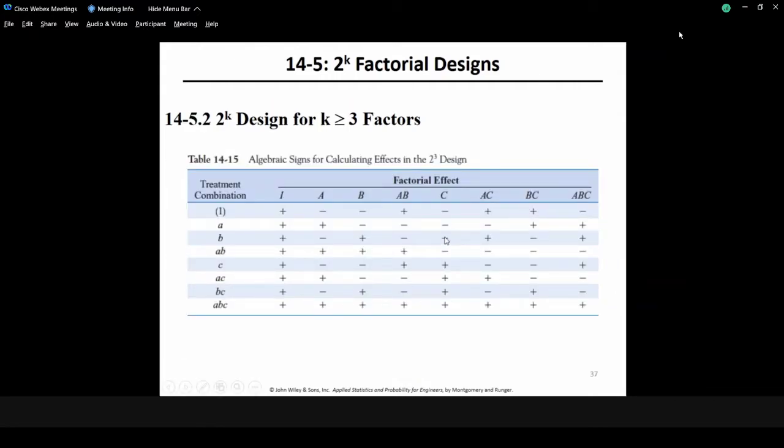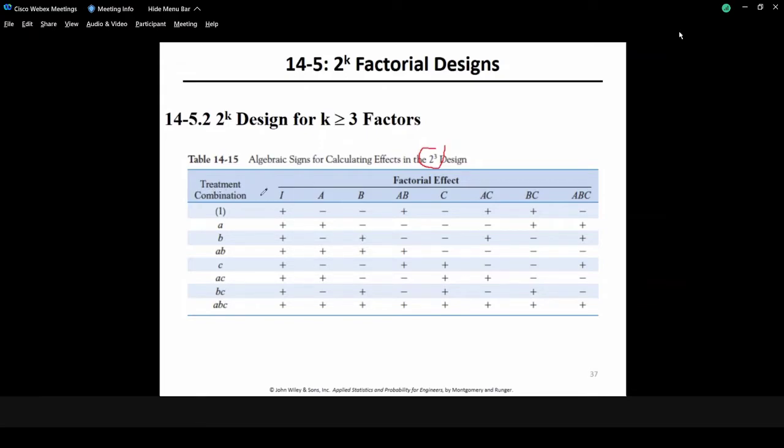Okay, the previous example, for 2 to the 3, I put here the runs.